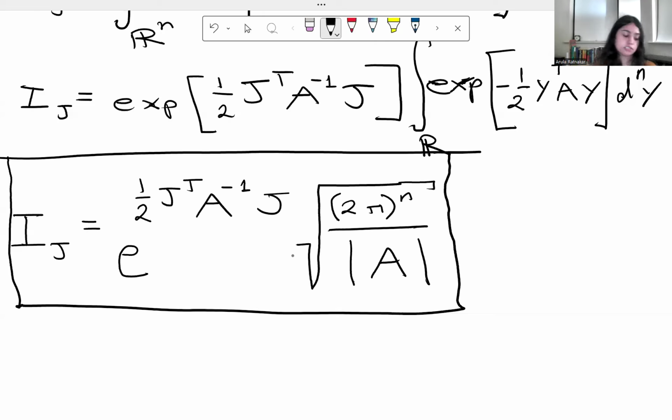And as a sanity check, you can make sure that it evaluates to a number.